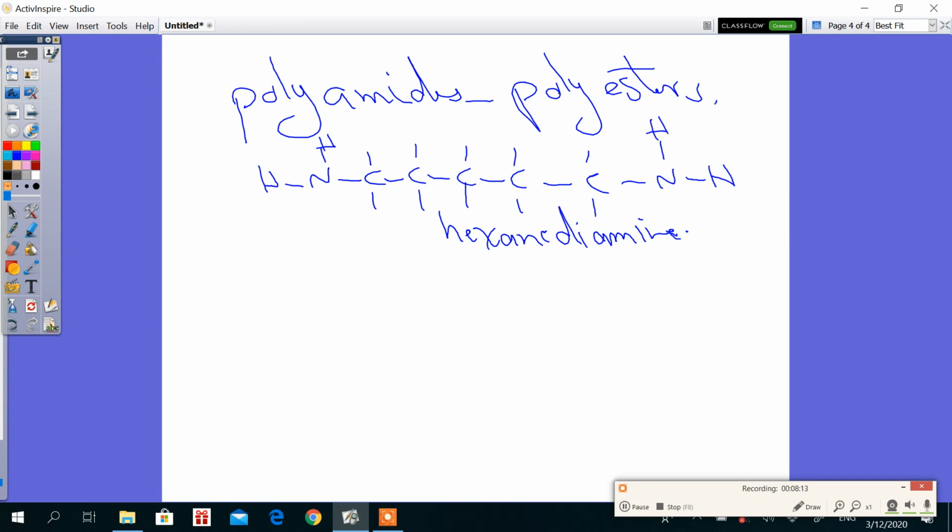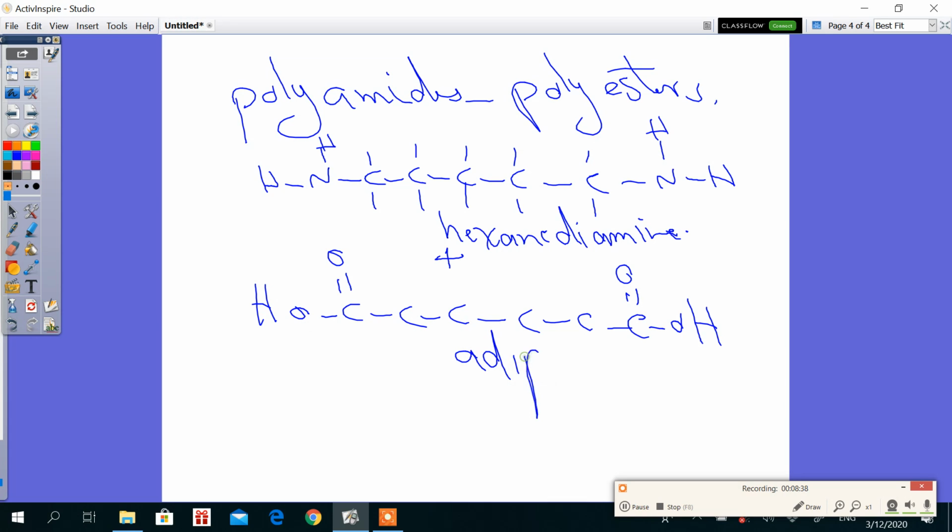And I also have adipic acid, which contains 6 carbons, plus we add C double bond O and OH. That's adipic acid, and it contains C, 2, 3, 4, 5, 6, with a double bond O and OH. That's called adipic acid.